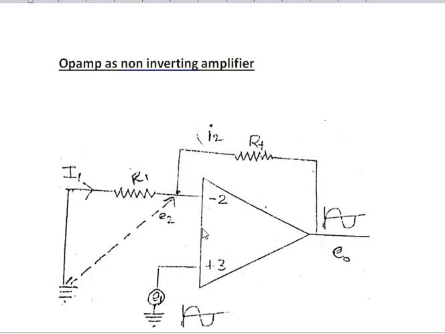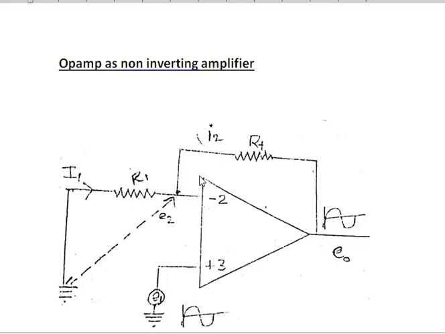See here there is an input resistor. R1 is the input resistor connected to the inverting input, and this resistor is known as the feedback resistor. It is connected between the output and the inverting input.